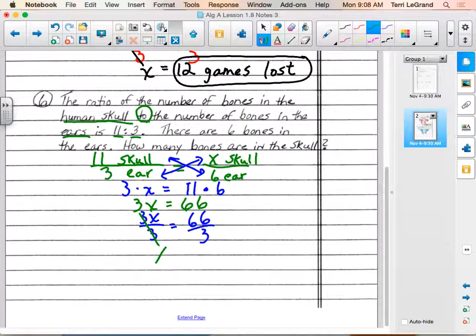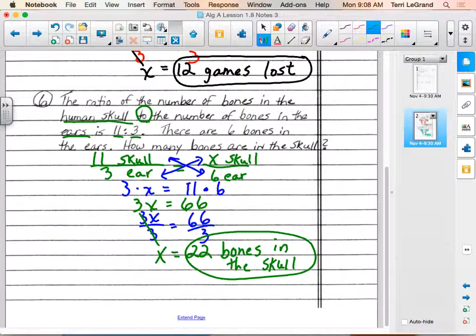And we will have x is equal to 66 divided by 3, which happens to be 22. So these are 22 bones in the skull. So we just found out how many bones are in the human skull, 22 of them.